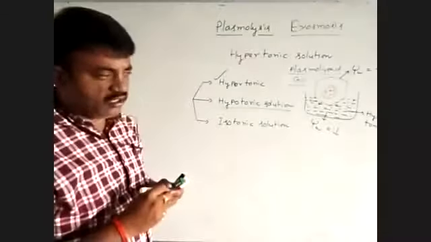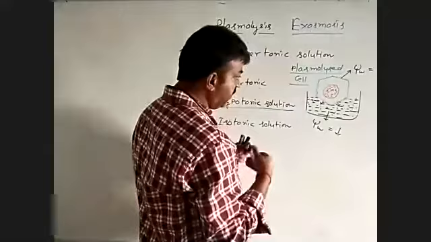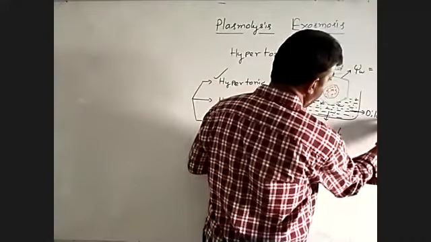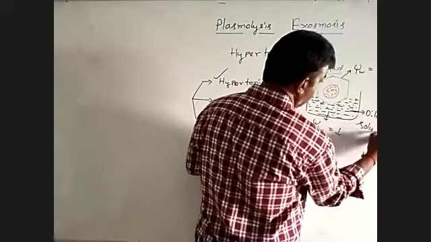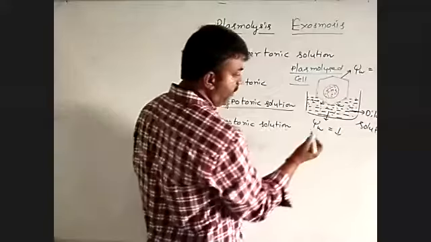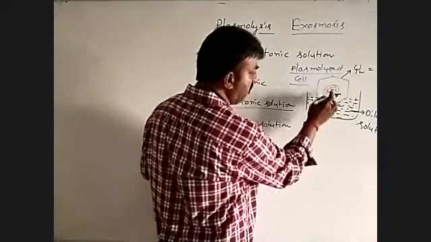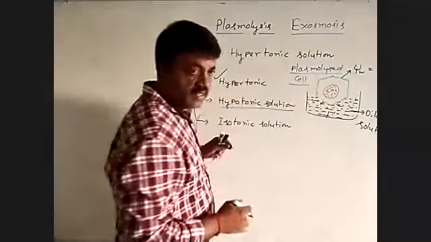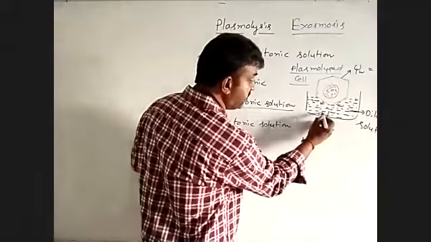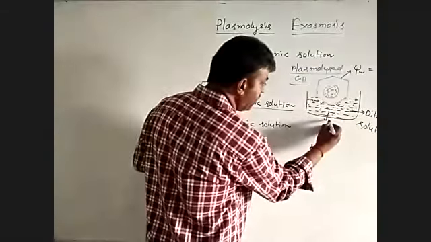Hypotonic solution. Now this is a solution, but it is a diluted solution. Okay, very very important. Now the concentration of external solution is much lower than cytoplasm. Cytoplasm కంటే external solution concentration, it is very low. So that means now what are the conditions?